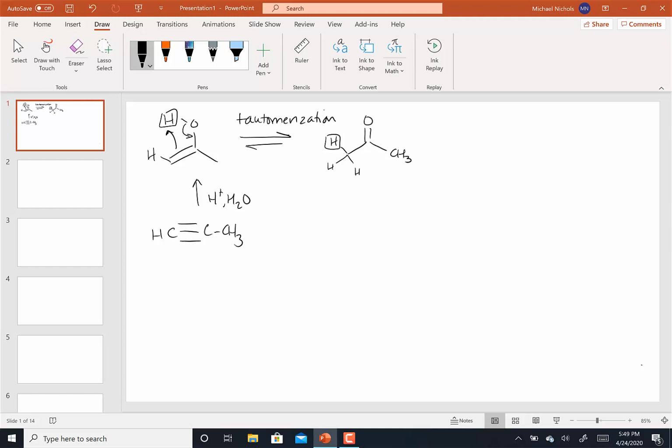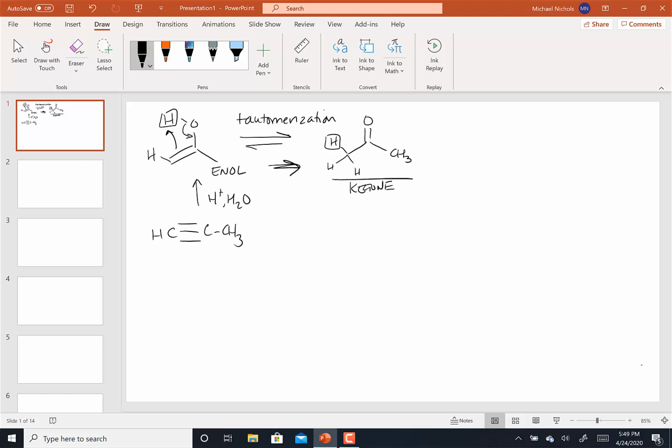So for your average run-of-the-mill enol, the equilibrium lies far more towards the ketone. In general, that equilibrium lies to the right.